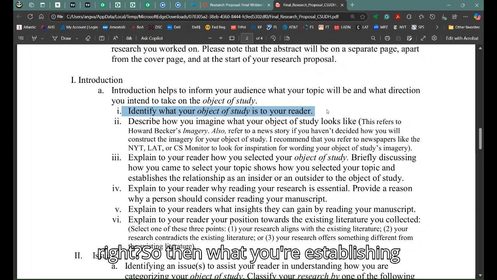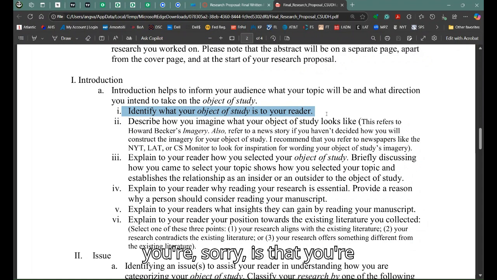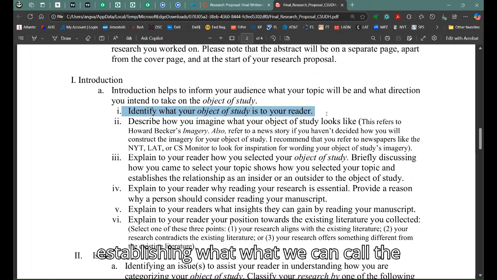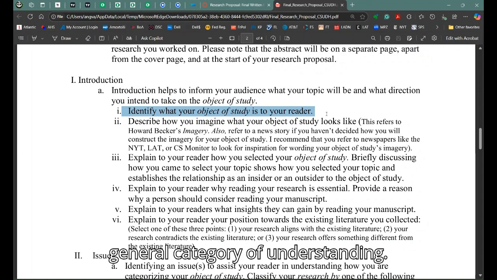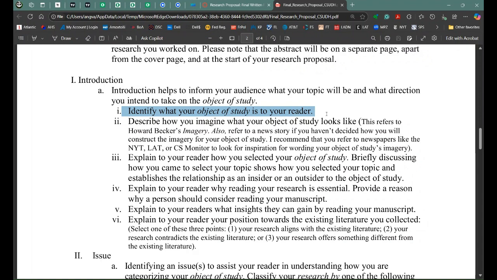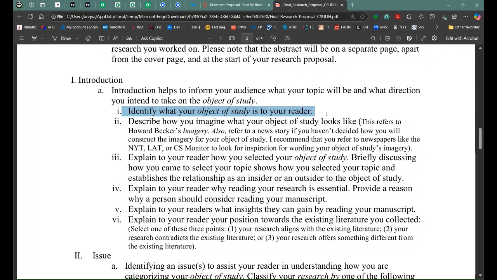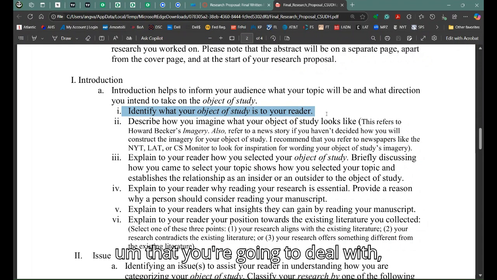So then what you're establishing with that first opening sentence is what we can call the general category of understanding. Okay. Because you're telling your reader with that first sentence what the large picture, or the macro picture or image, is that you're going to deal with.